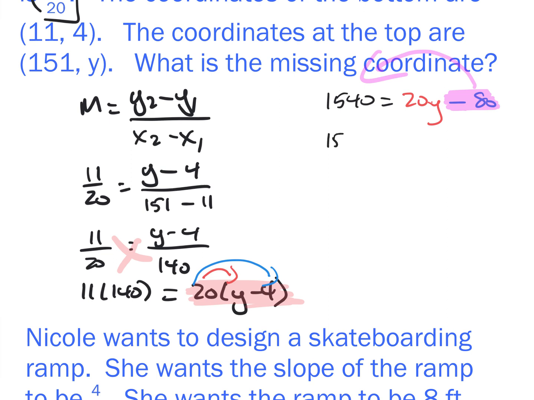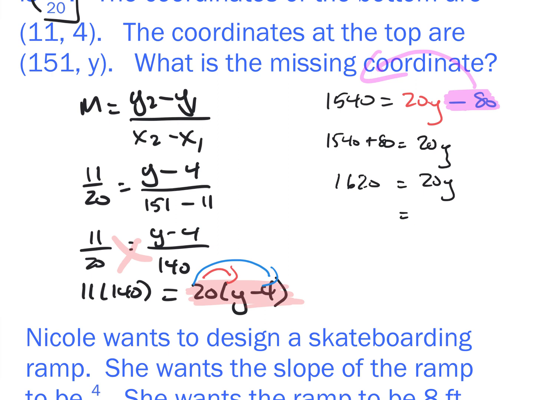So it's going to be 1540 plus 80. And once we move it, all that's left on the right side is that 20y. Now, what's 1540 plus 80? 1,620. And that's equal to 20y.